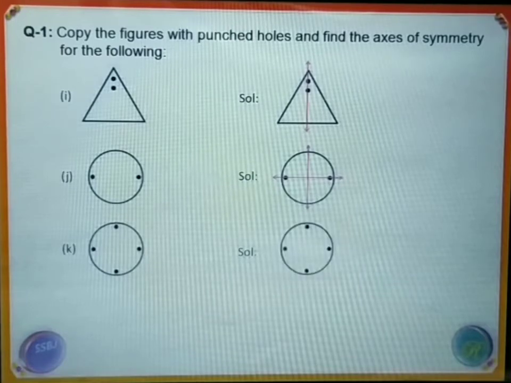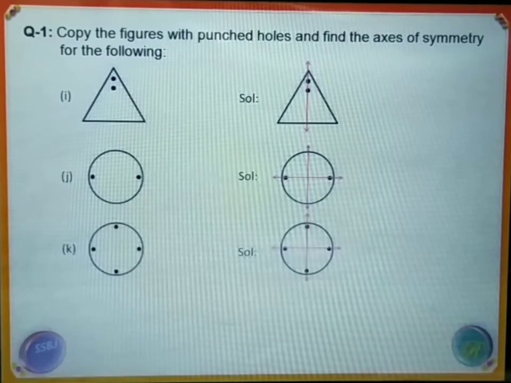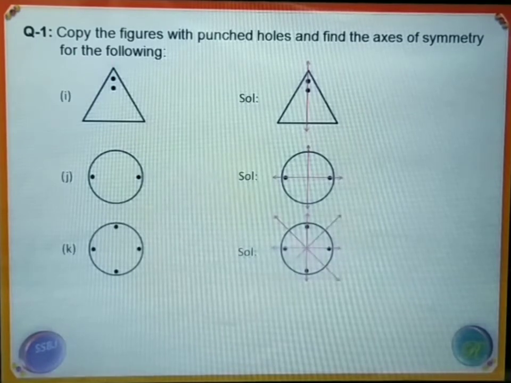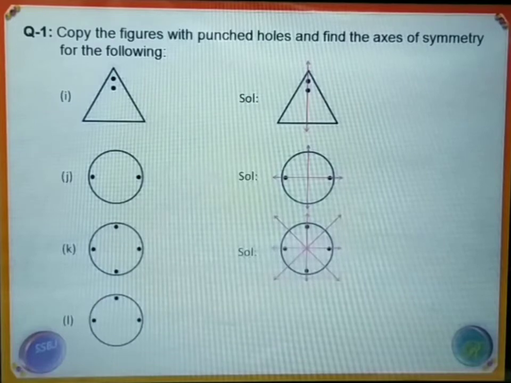Take the copy of this figure. How many lines of symmetry can we draw? 4. Horizontally, vertically, diagonally. Next, L. Solution.